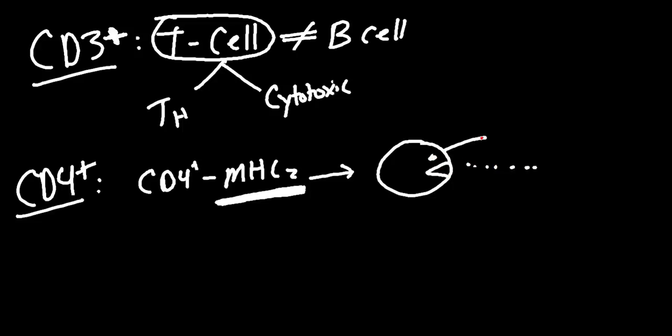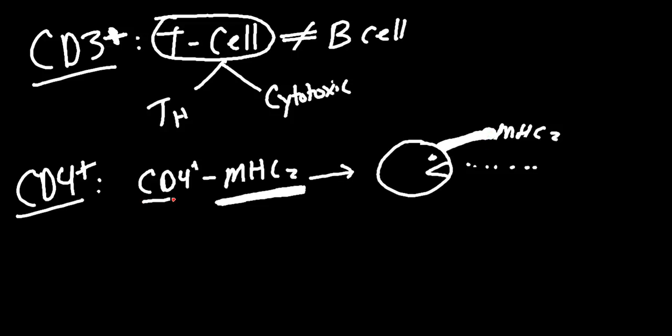And then it's going to spit it out on this MHC2 on its surface. So we've got a little fragment of that antigen that it just ate up, and now it's being expressed.